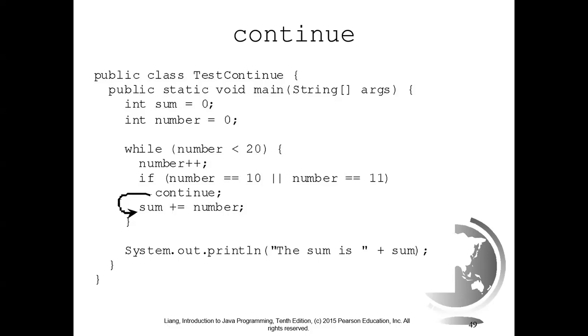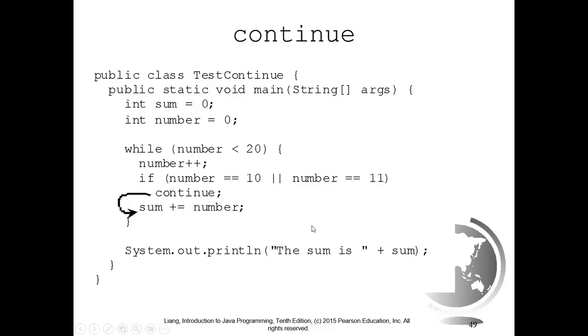And how about continue? Let's say in this scenario we have sum, right? We have number. We are going to accumulate the different numbers starting from 0, 1, 2, 3. However, we don't want to count the numbers 10 and 11. That means we are going to accumulate 1 plus 2 plus 3 up to 9, and after 9 we are going to add 12.